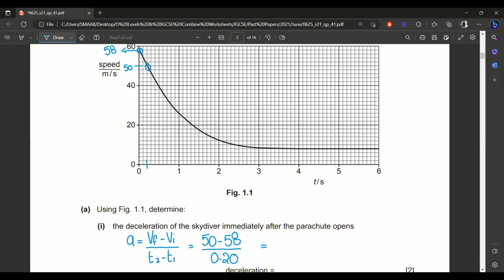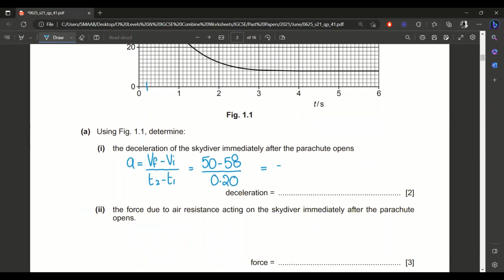So what is the final answer? Negative 40. The negative sign is just used for the deceleration.